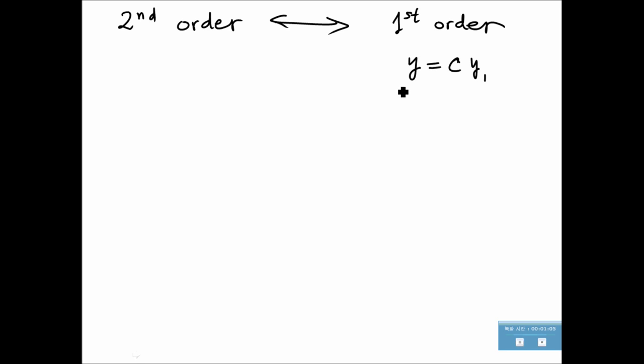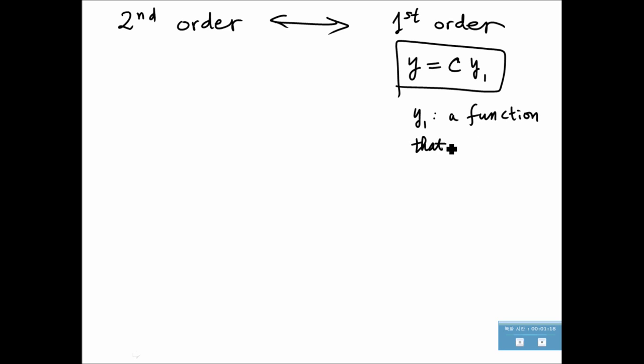That's the form of the solution for first order. y1 is a function that solves the differential equation, right? And you generalize that solution using this arbitrary constant, so that you have the full general solution for the given differential equation, right?